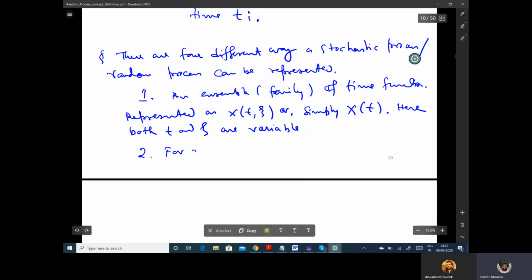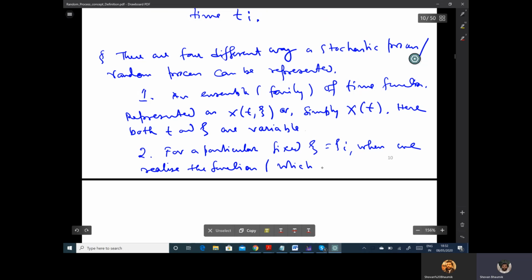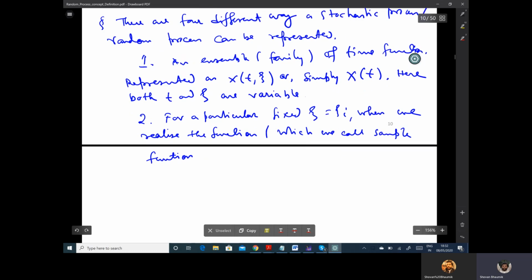So t is the variable, but zeta becomes fixed.